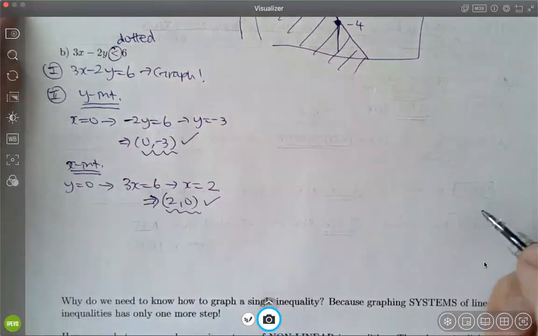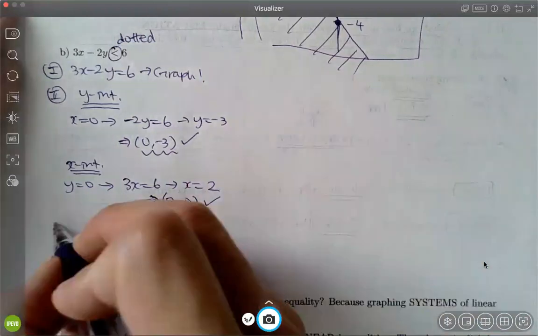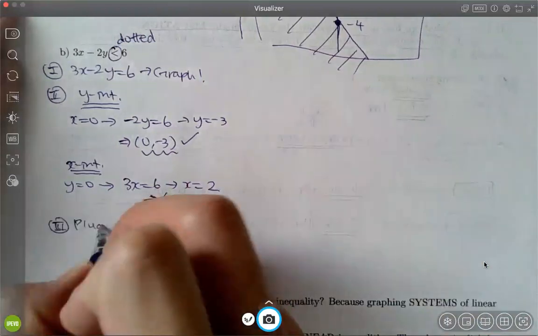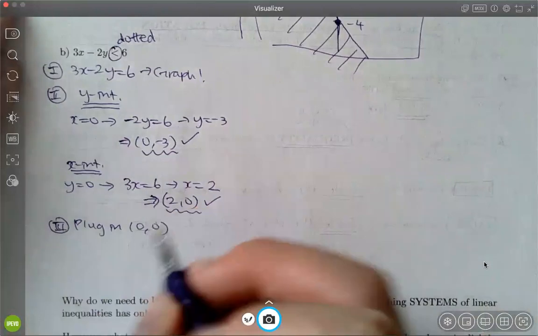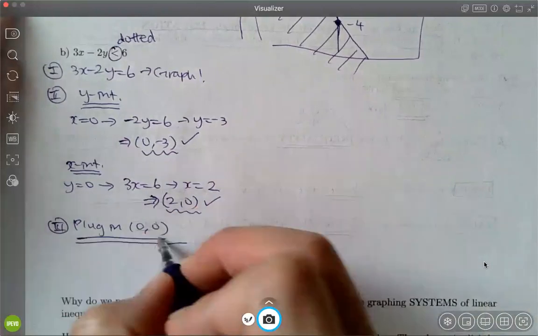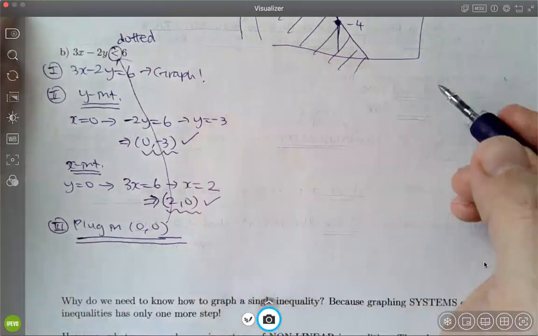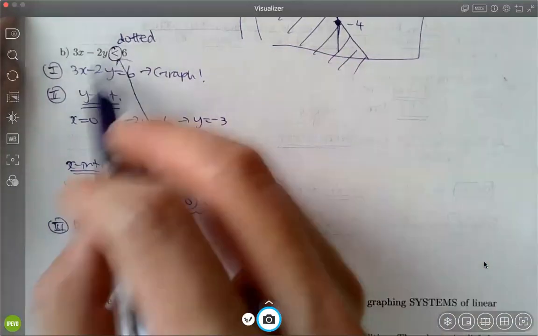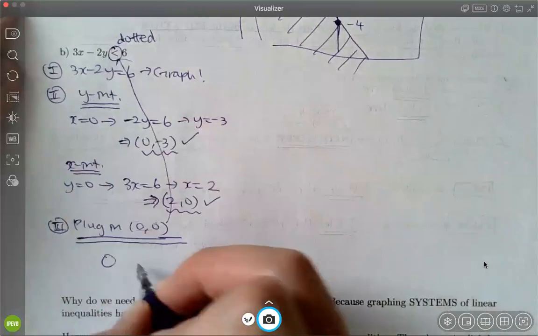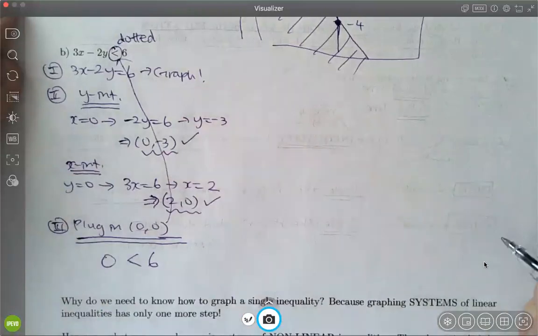And now, plug in the origin. Plug in 0, 0 to the inequality, remember, so right here. So that means set x equals 0 and y equals 0. So what do you get? Just 0 and then less than 6, right? Is this a true statement or false statement?